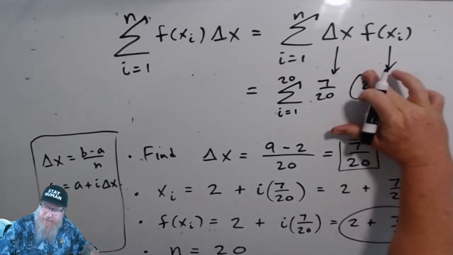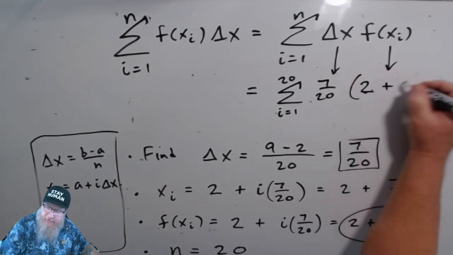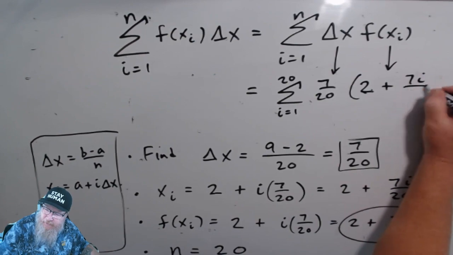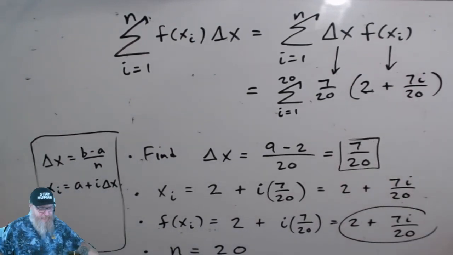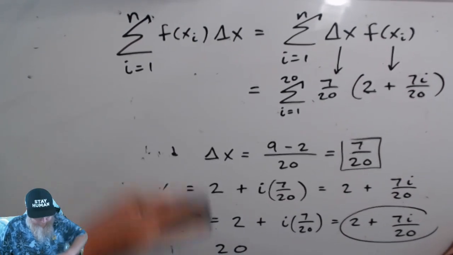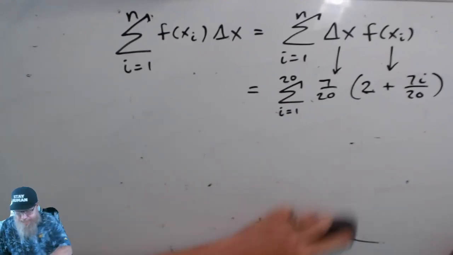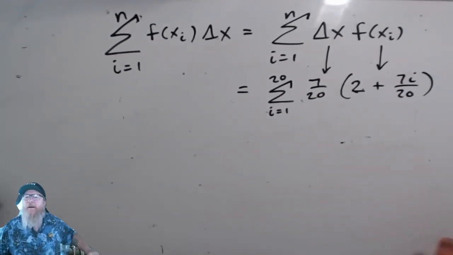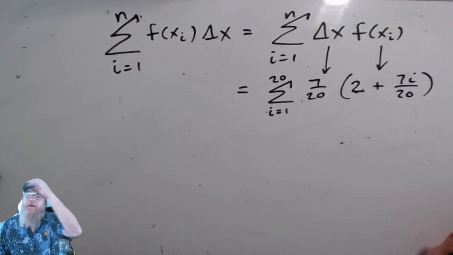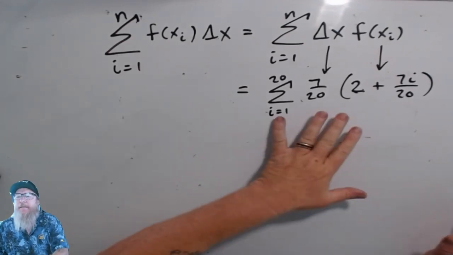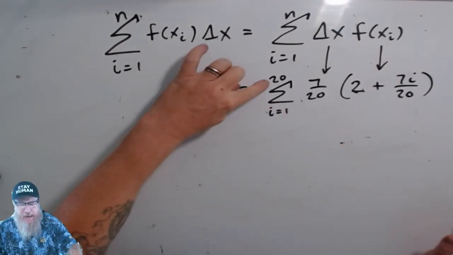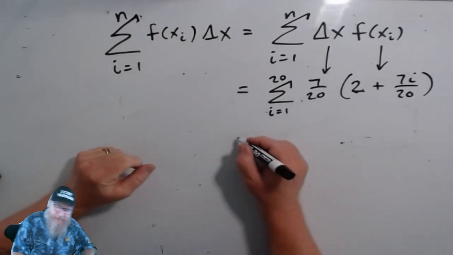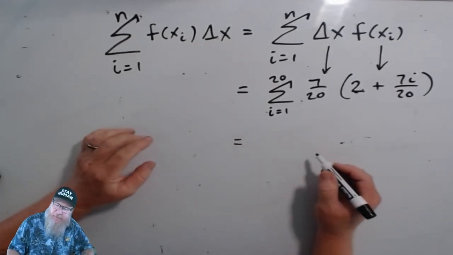I don't really need the dot. 2 plus 7i over 20. All right, so there's your Riemann sum. Now this is still finite, right? So I'm stopping at 20. So I'm going to add up 20 numbers.